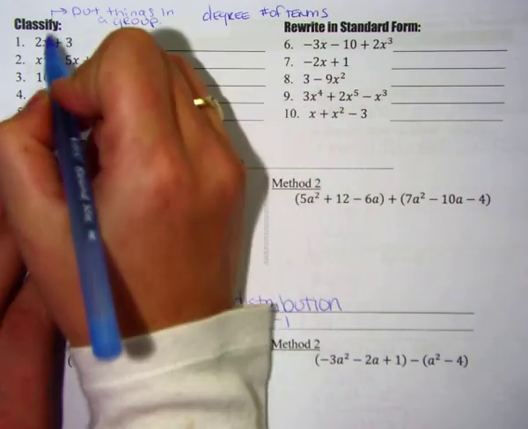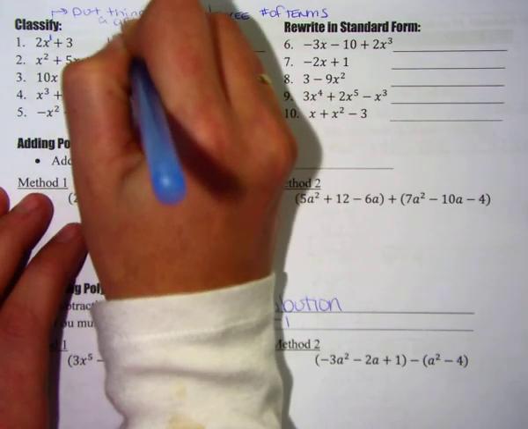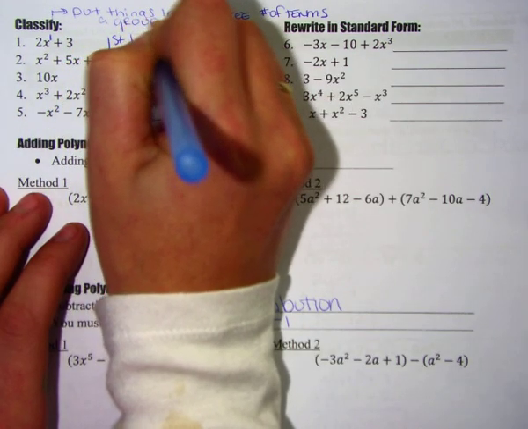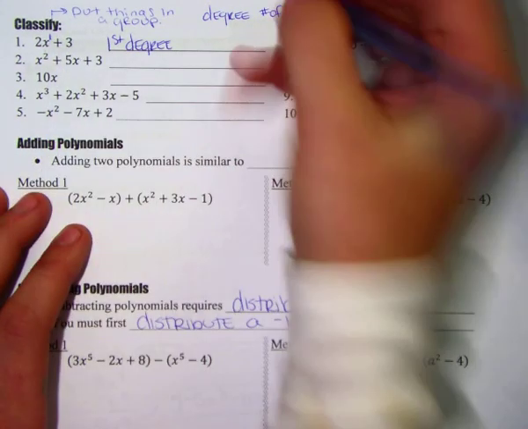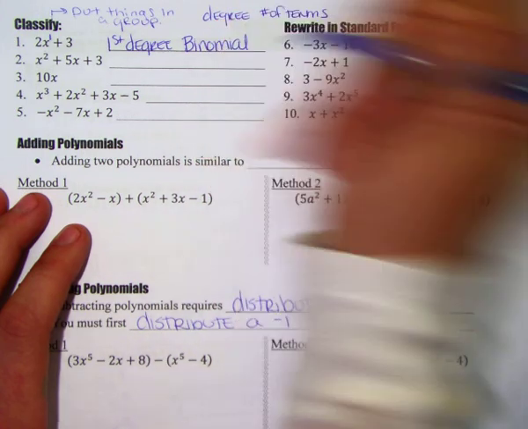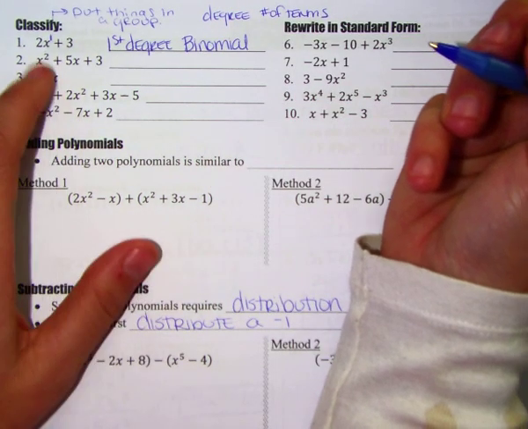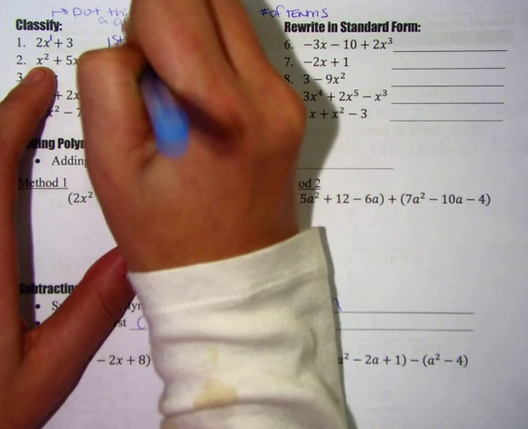So this is a x to the first power, so this is a first degree. Then it has 2 terms, so we call that a binomial. This one, the highest power is a 2, so this is a second degree.